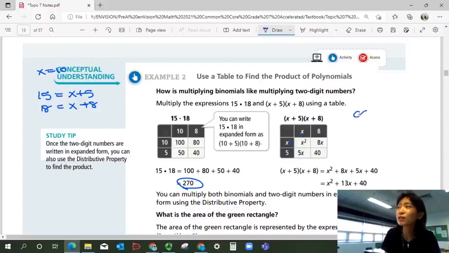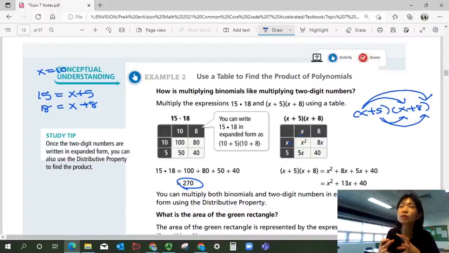So you're using the distributive property. You're distributing x with this and this term, and you're distributing 5 with the x and the 8. So make sure you're distributing the first two terms evenly throughout the terms in the second polynomial. That's how distributive property works for the binomial.